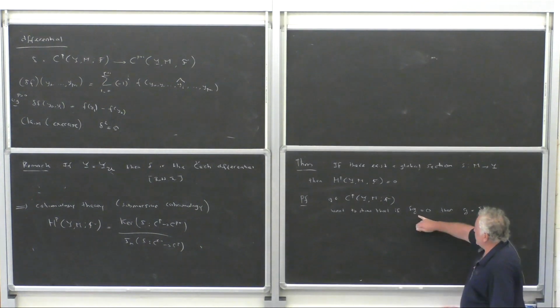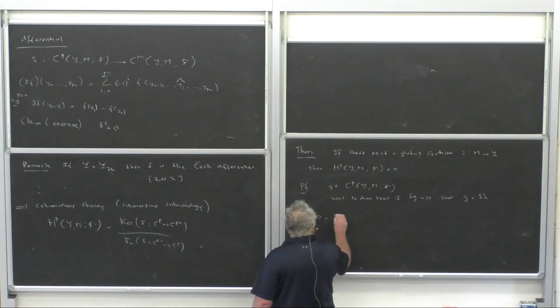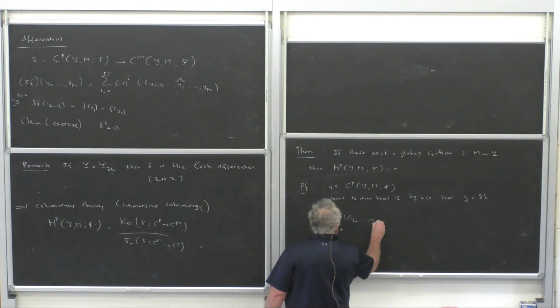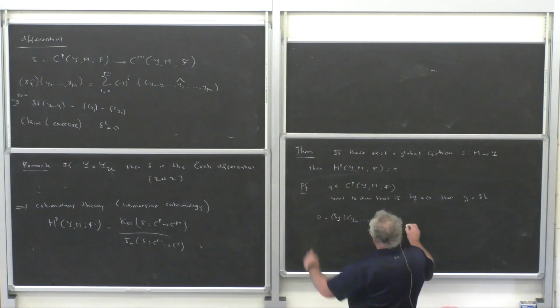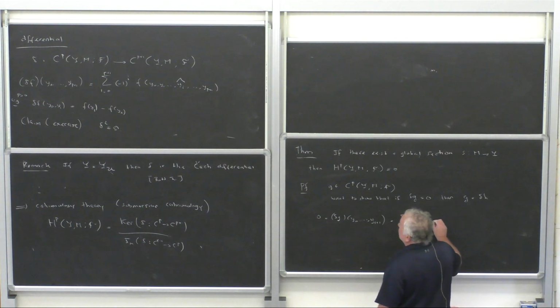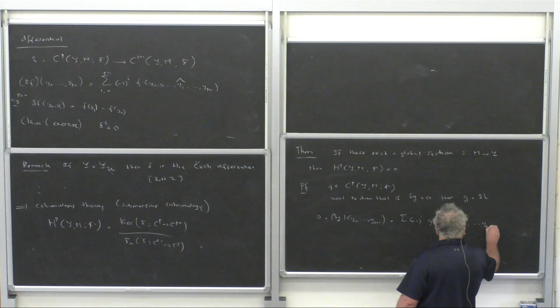So let me just work out what that means. So 0 equals del g. So del g in y_0 up to y_(p+1), I'm just copying that formula, which is still there. So this is the sum of (-1)^i g(y_0, leave out the y_i, up to y_(p+1)).